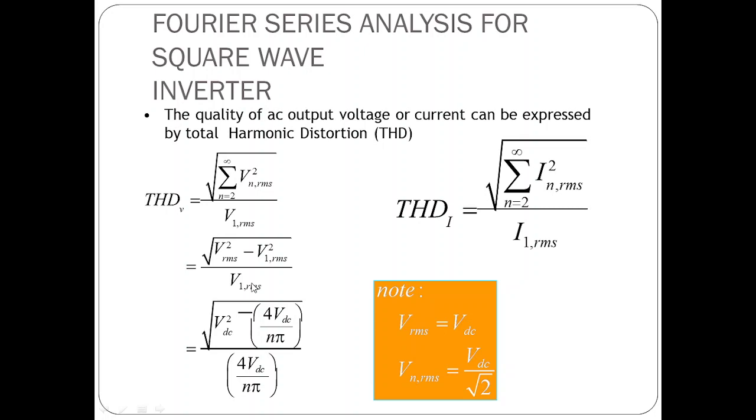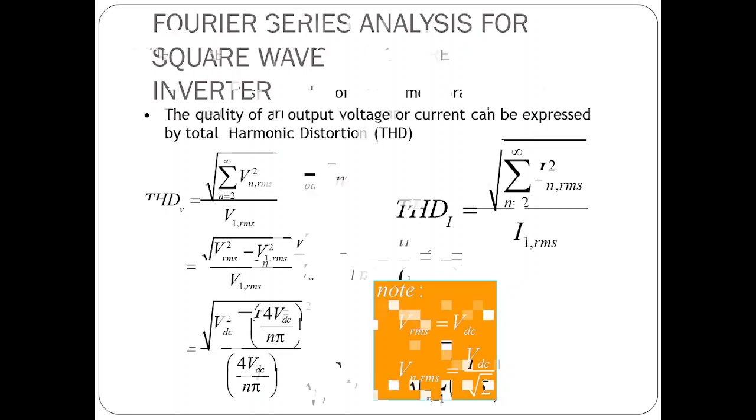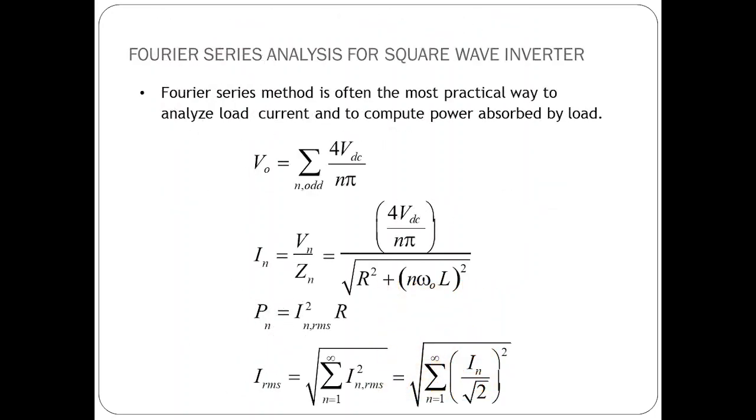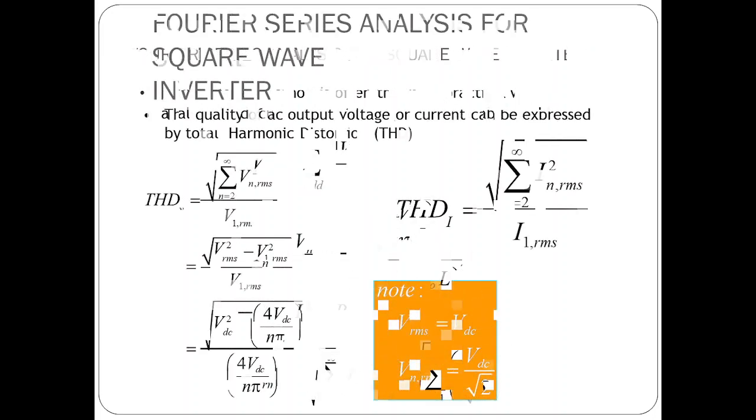So this is the formula applicable for the total harmonic distortion, and we also know the V1 RMS value. Just now we have already calculated 4 VDC by pi by applying the Fourier series. We have seen this one.